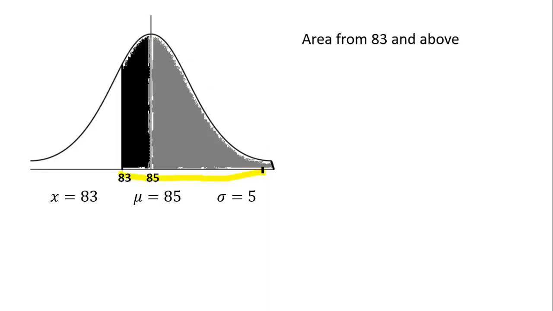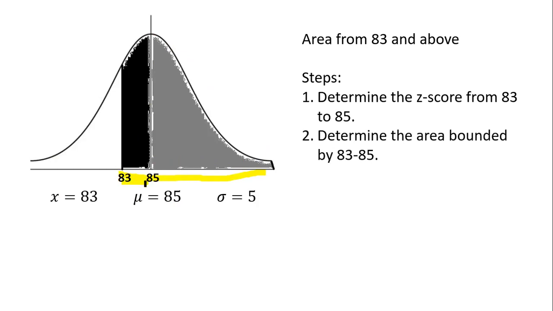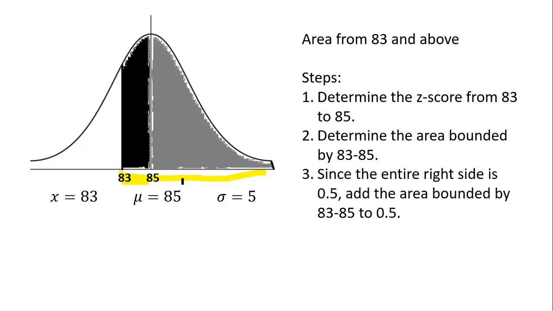So the first step would be determine the z-score from 83 to 85. Then followed by determining the area bounded by 83 to 85. That is this black shaded area. Since the entire right side is 0.5, this gray shaded area, we add the area bounded by 83 to 85 to 0.5.